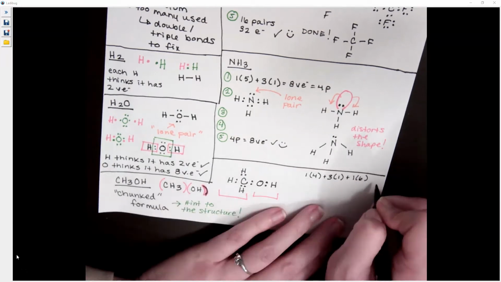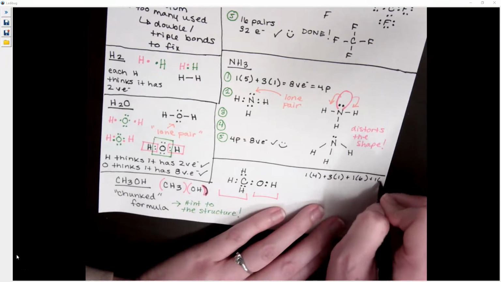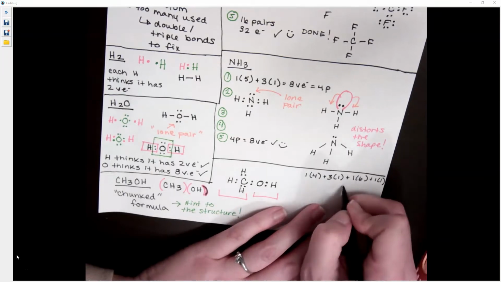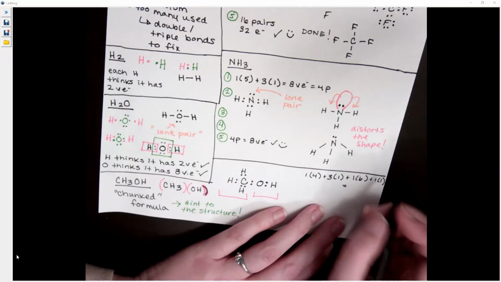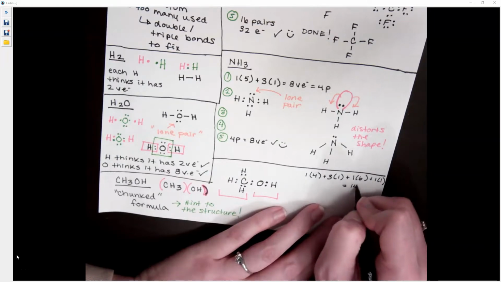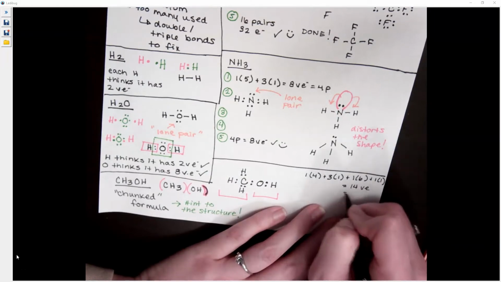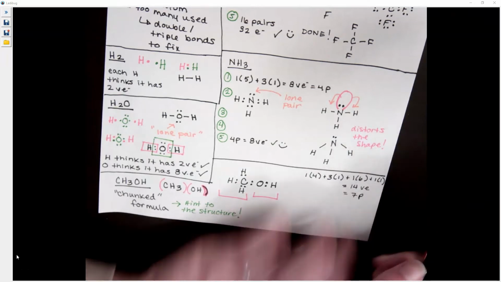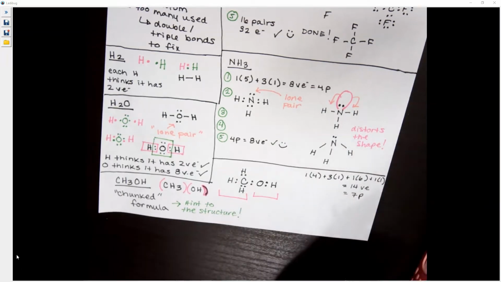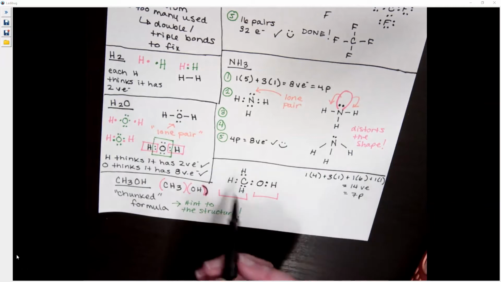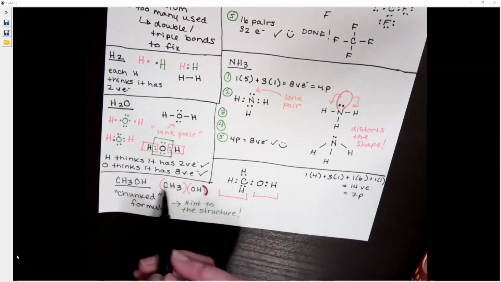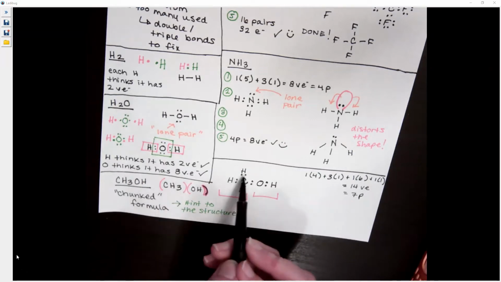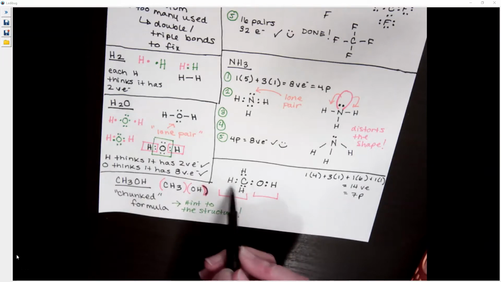And then I have 1 more hydrogen that comes with 1. When I add that all together, I get 7 pairs in my picture. I've placed my atoms by the chunking. I've connected everything with a single bond.